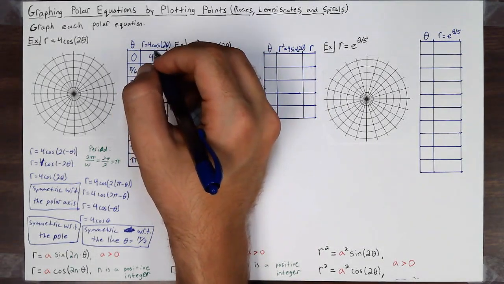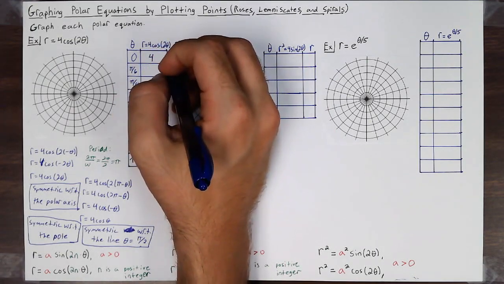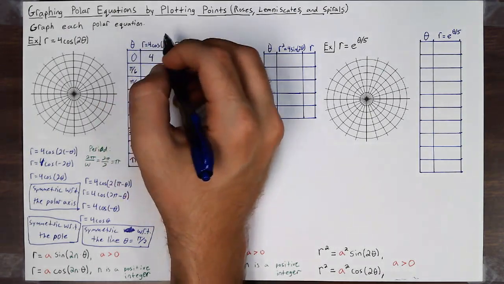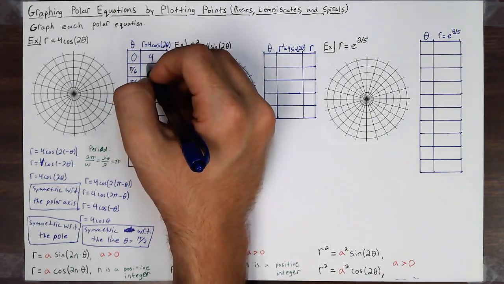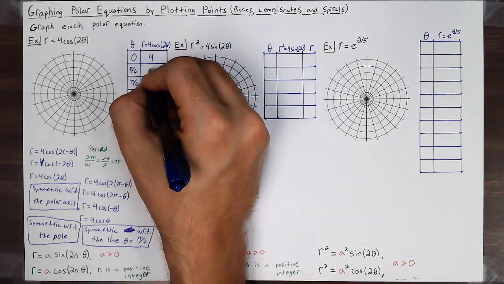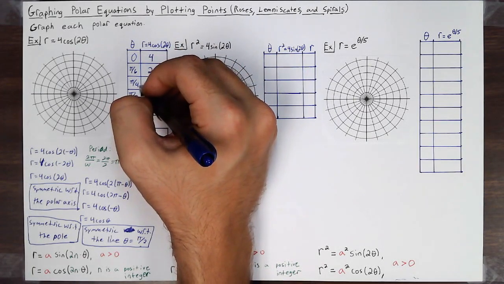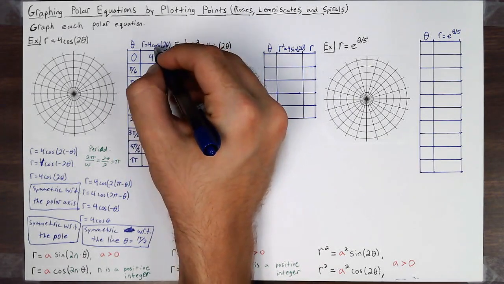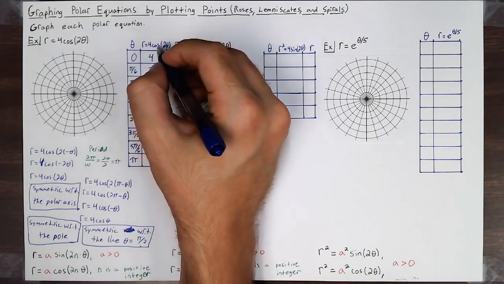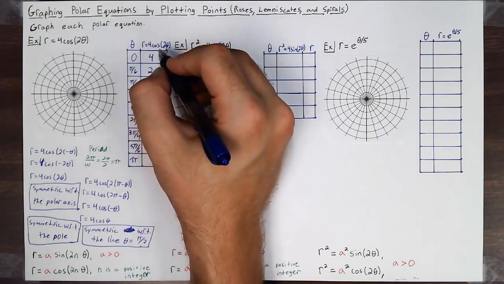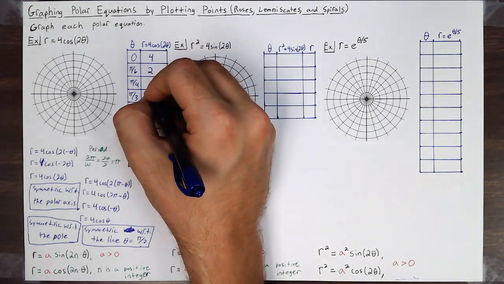And then I have 4 times cosine of 2 times pi over 6, which is pi over 3. So 4 times a half, which will give me 2. And then pi over 4 would be now cosine of 2 times pi over 4, which is pi over 2, which is 0. So 4 times 0 is 0.